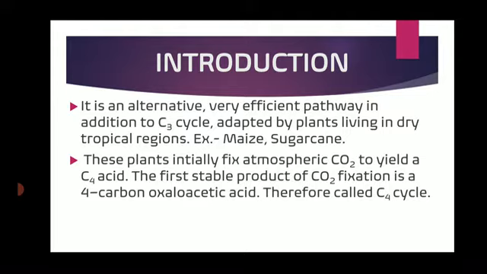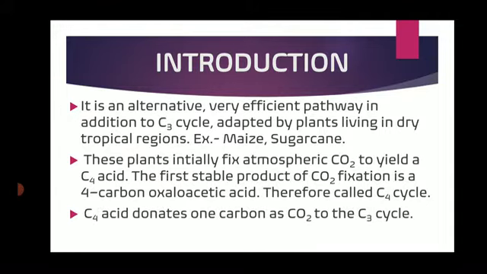So why is this called C4? Because the first stable product of this pathway is a C4 acid, and that is oxaloacetic acid. Due to the presence of this acid, it is called the C4 pathway. And the C4 acid donates one carbon dioxide to the C3 cycle. What does that mean?